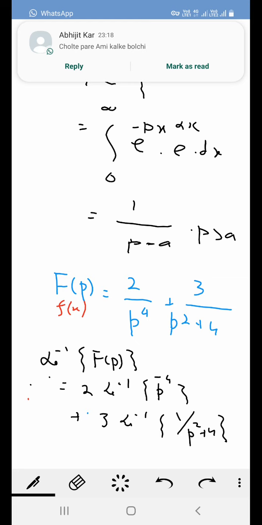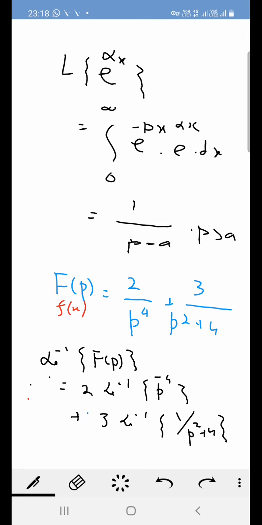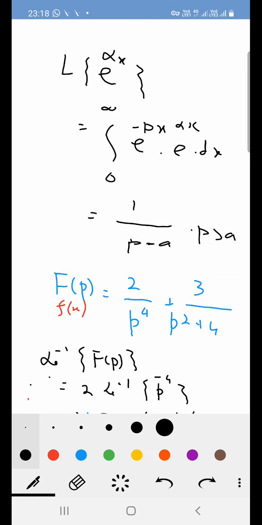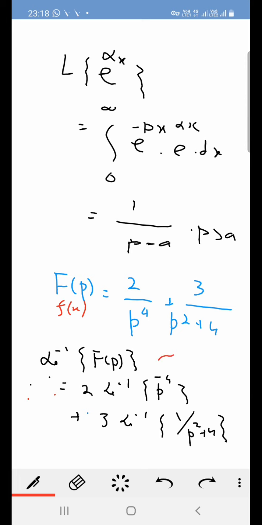From previously we have derived that the expression p to the power minus 4 gives 1 by 3 factorial into x cube, and this will be equal to 1 by 2 sine 2x.